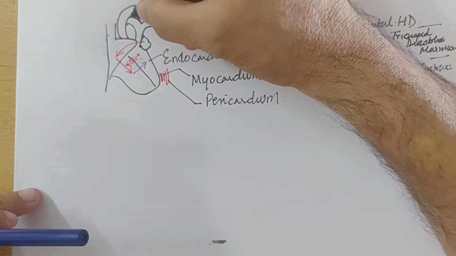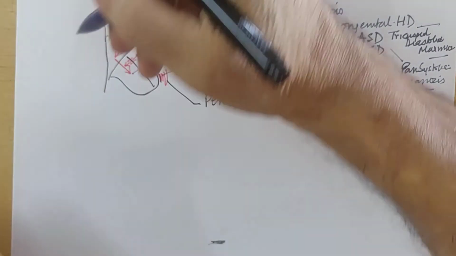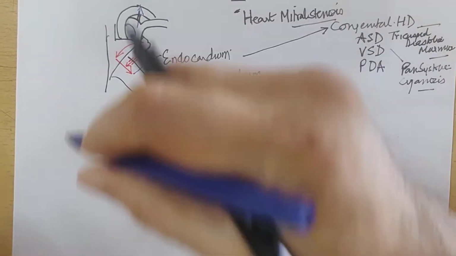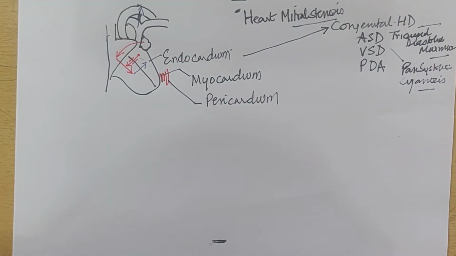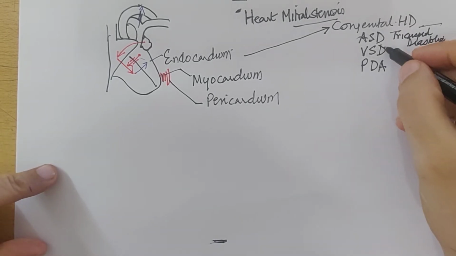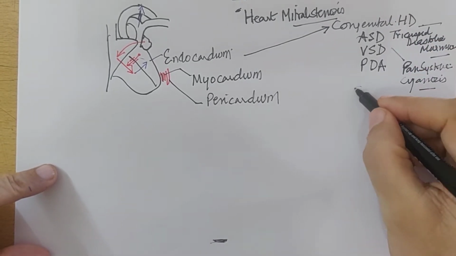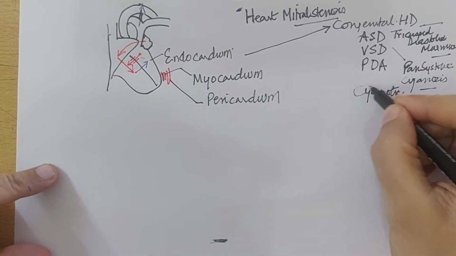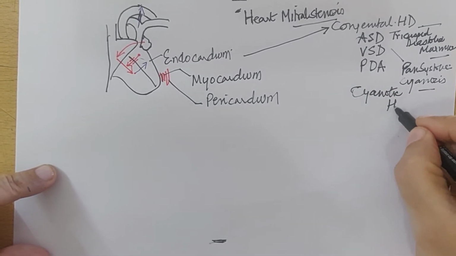But when the shunt is reversed, then the right-sided unoxygenated blood reaches the aorta, and there is later on cyanosis. So these conditions are called cyanotic heart diseases.